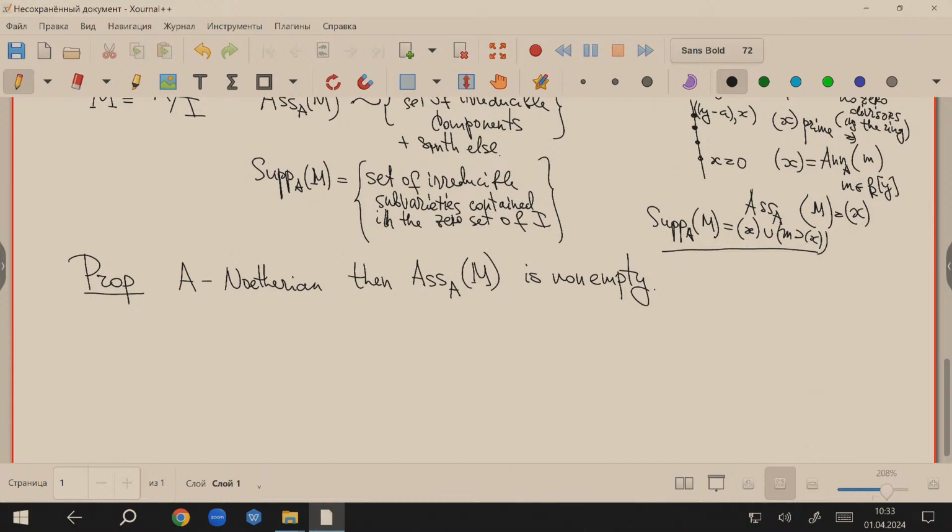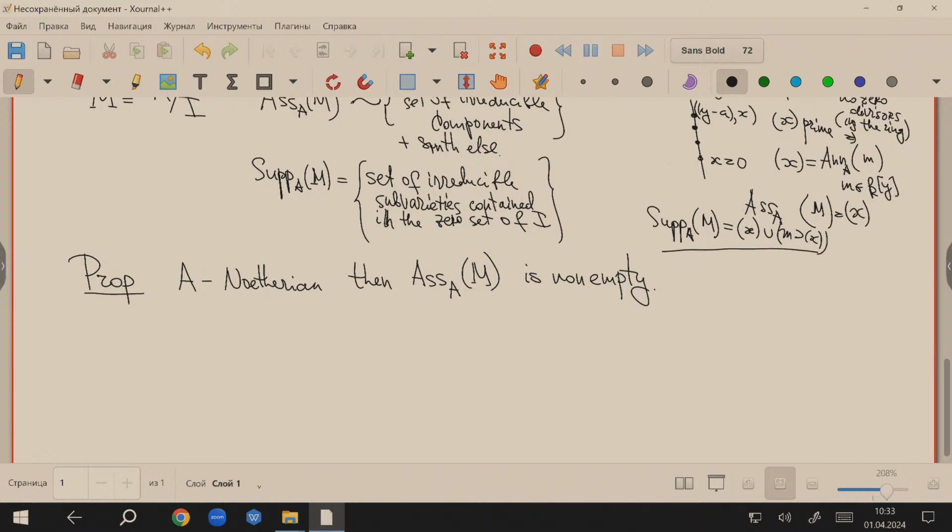This could be quite funny, but it is the starting point of the theory, and in fact it will be one of the most important propositions for the theory.